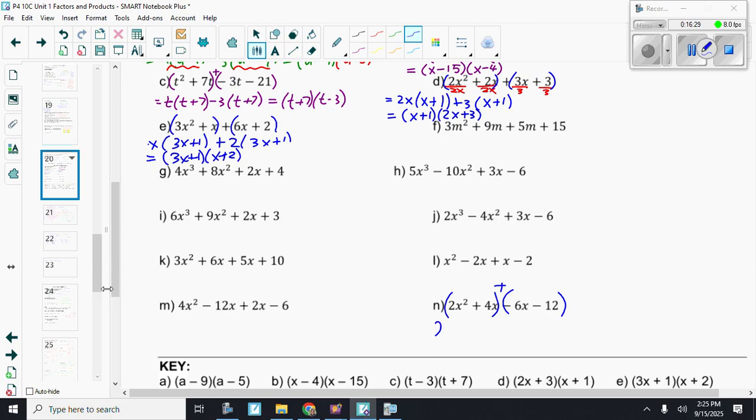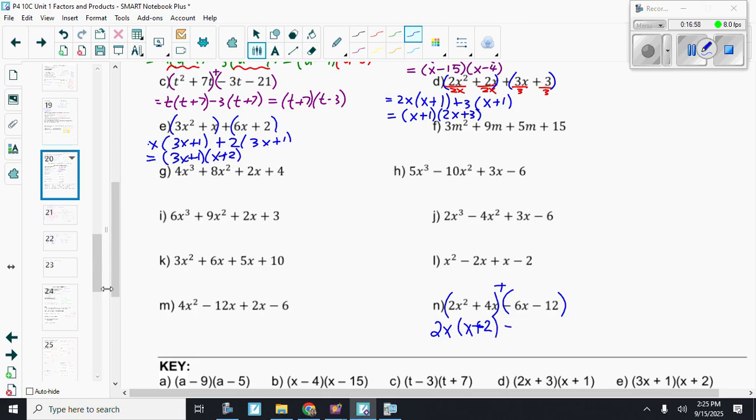So again, I'm taking out a greatest common factor, 2x. I'm left with x plus 2. Okay, and then here I'm taking out, remember how I said if your first term is negative, take a negative number with your greatest common factor.